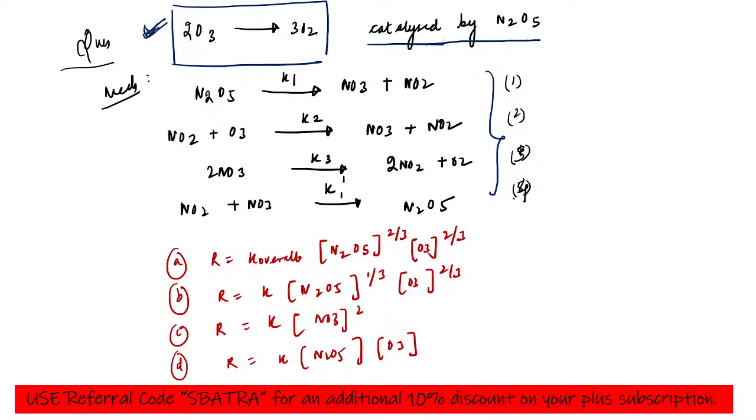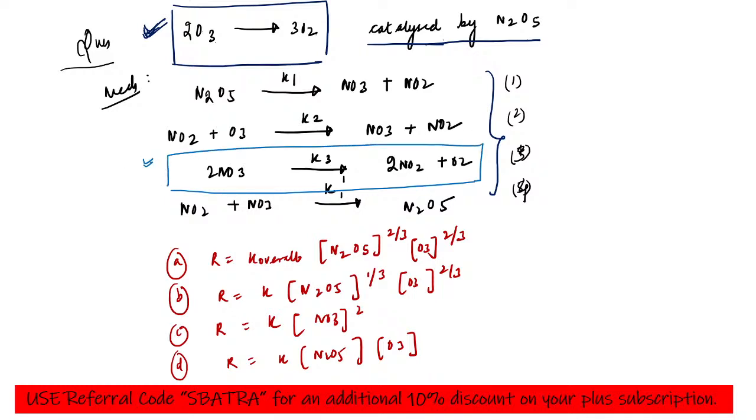So when so many reaction steps are given, we have to select the one which has the product amount. You can see that this reaction has the product: 2NO3 with K3 gives 2NO2 and O2. O2 is your product, so we can select this particular reaction.